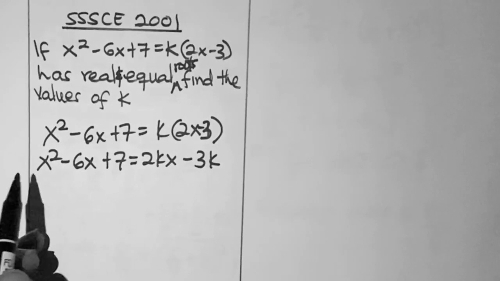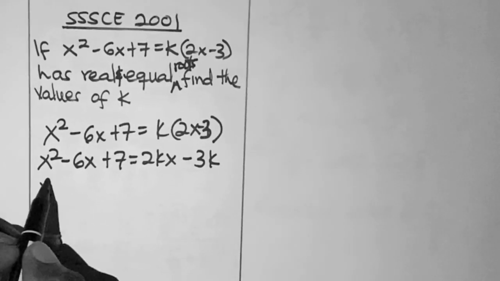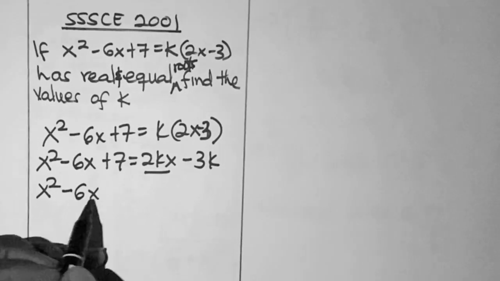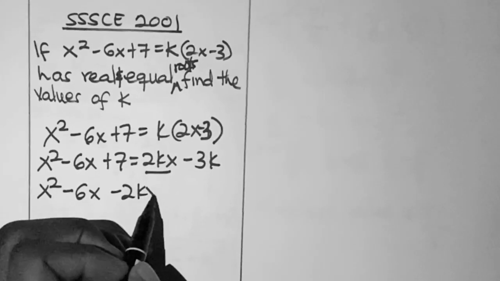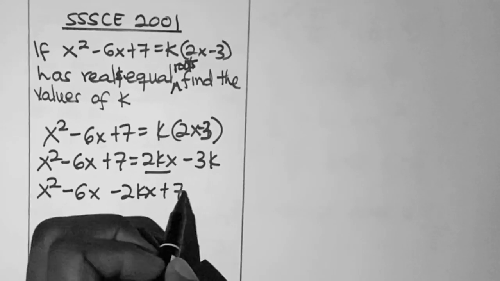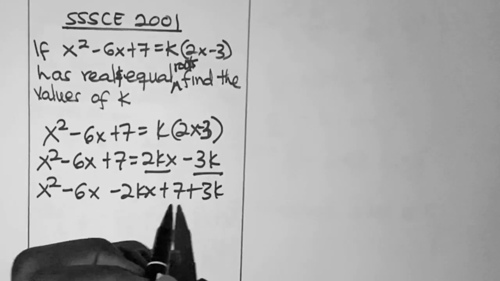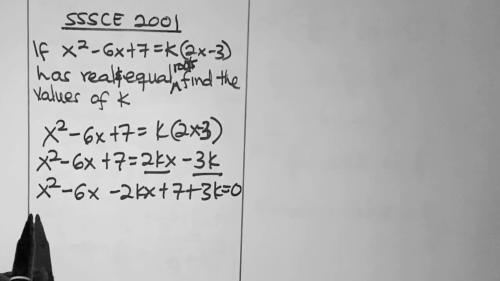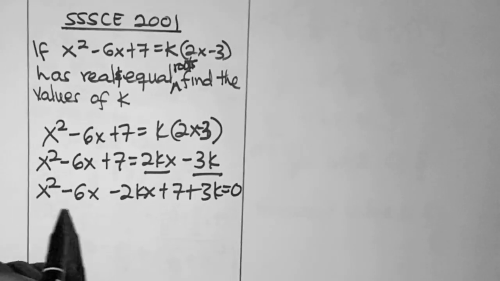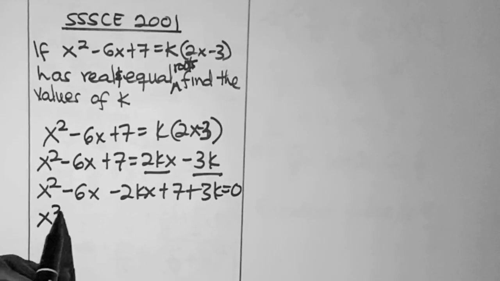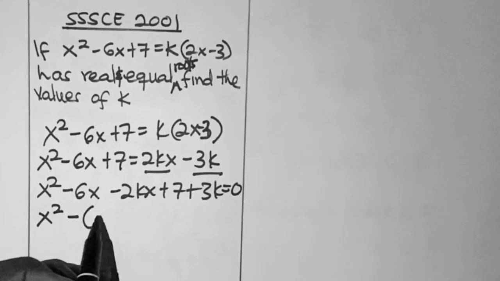Now let's bring everything to the left hand side. It becomes x squared. Then here becomes minus 6x. Then this one minus 2kx. Then plus 7. Then if this goes here, it becomes plus 3k equals 0. So what we can do is that we can factorize x from here. So this becomes x squared. Then minus into brackets.